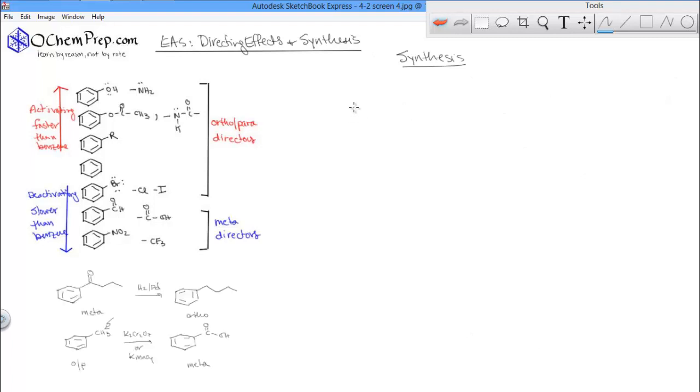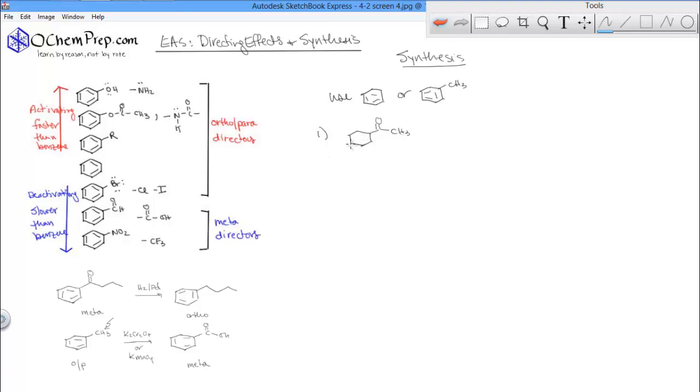Okay, so let's try a problem. I usually start it so you can use either benzene or toluene as your starting material. So using either benzene or toluene as your starting material, you need to figure out how to make different compounds. The first problem we're going to look at is I want to try to make a compound of acetophenone.